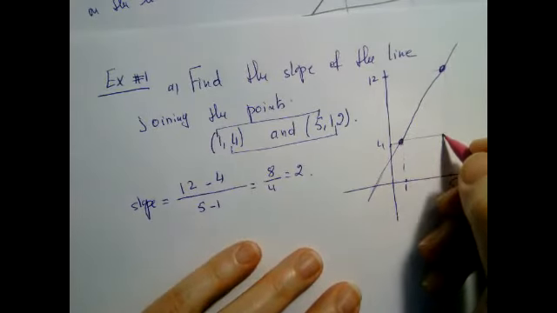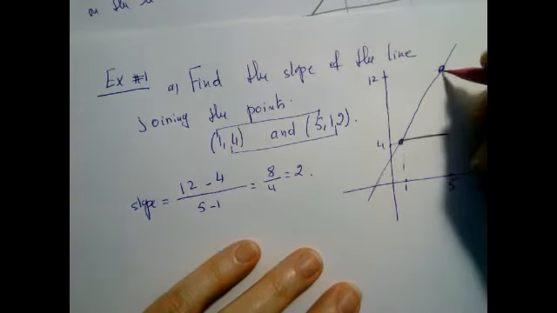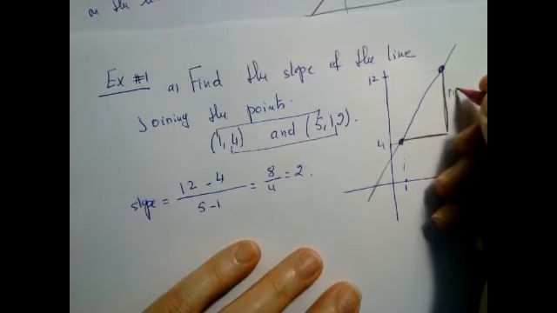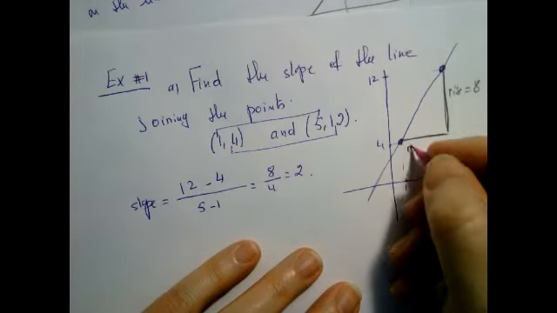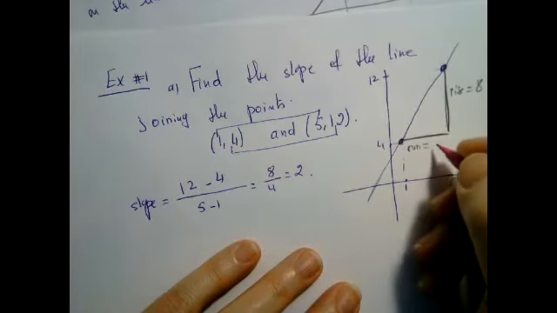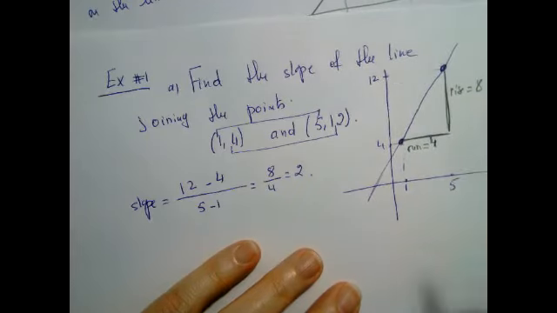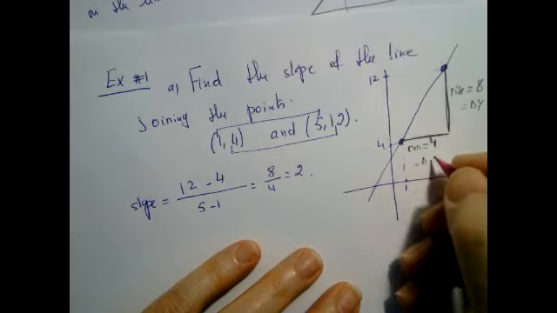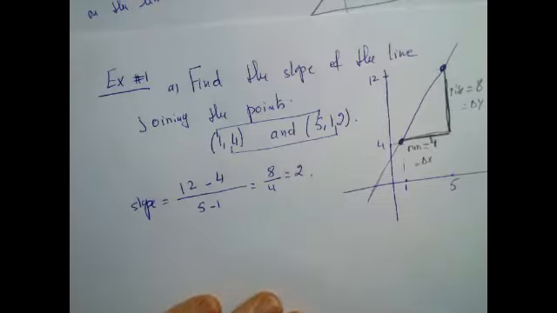The slope is the change in y, the rise, that's the 8, over the change in x, the delta x, that's the 4. It's just the ratio between them, pure and simple.